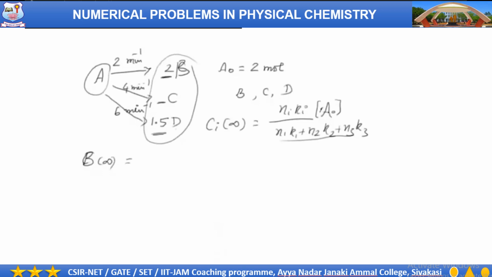What are the total products? These are called the total products, obtained by the fraction present. What is Ni? We are calculating for B, the first mode.